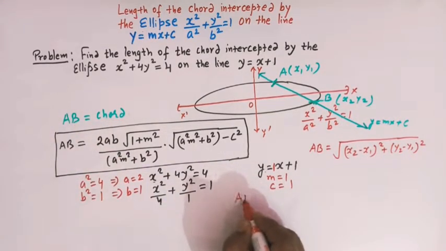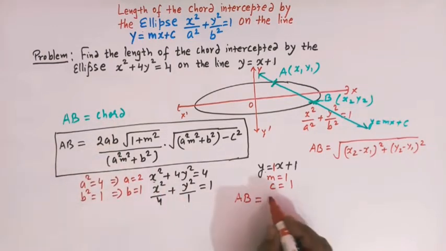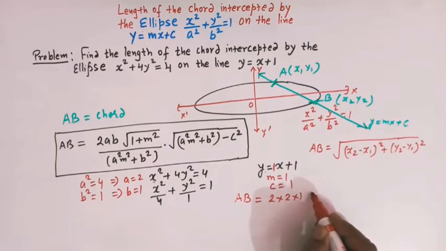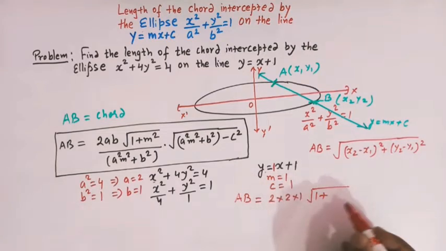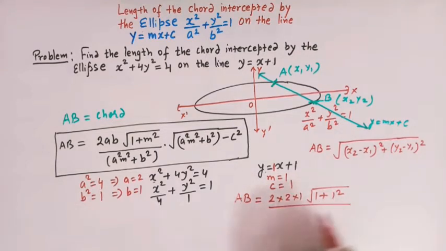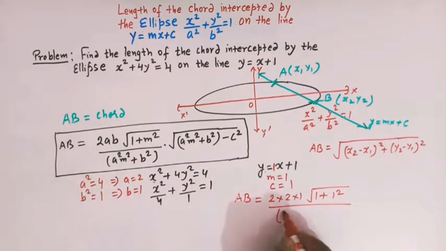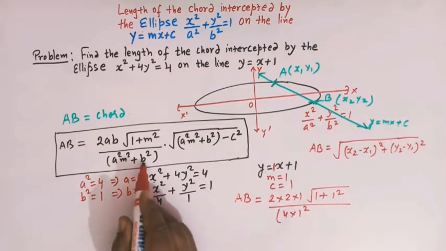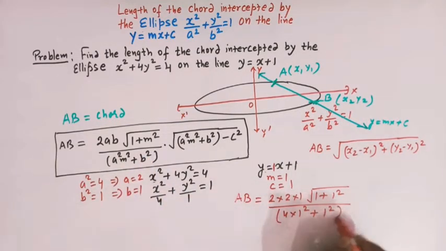We get AB is equal to 2 times a which is 2, b which is 1, then the square root of 1 plus m square, m square being 1 square, divided by a square, which is 4, times m square, which is 1 square, plus b square, which is 1 square.